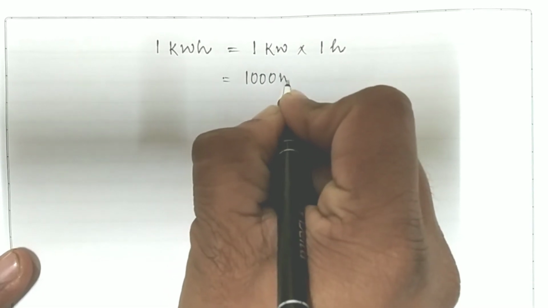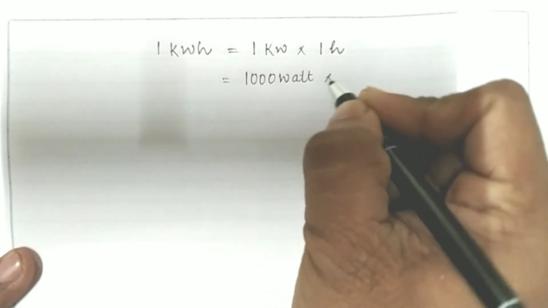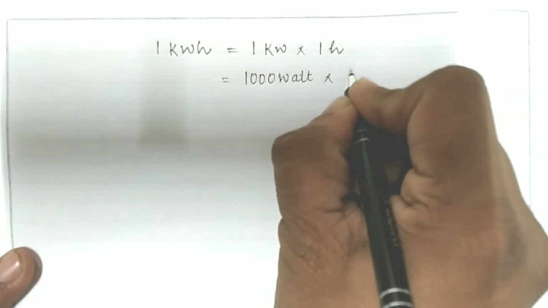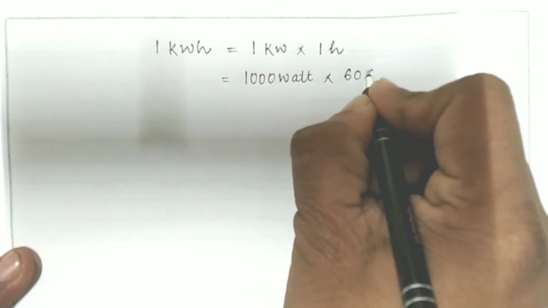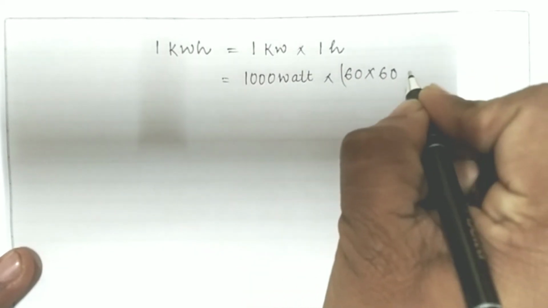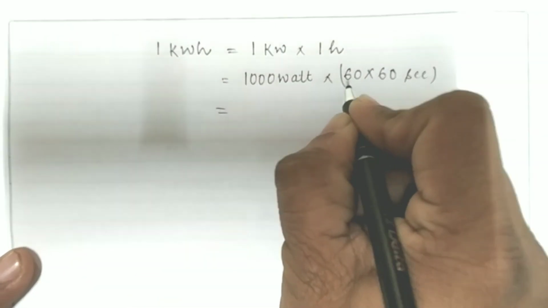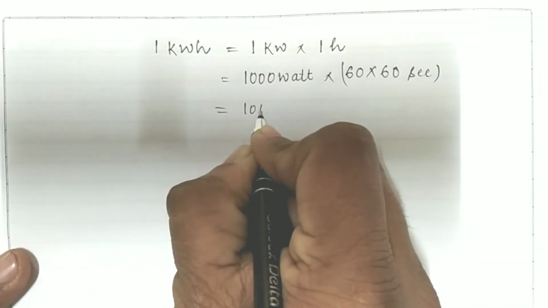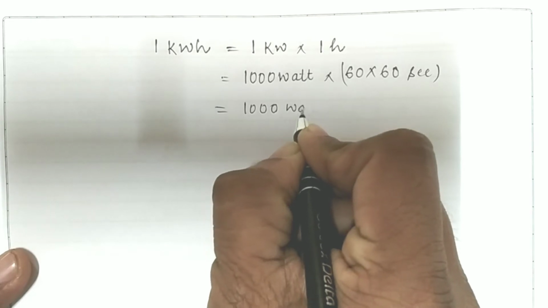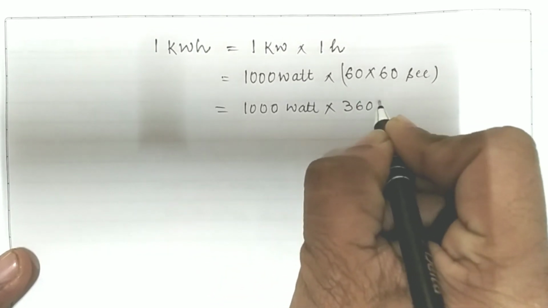Children, 1 kilowatt is equal to 1000 watt of power of an electrical appliance, and 1 hour is equal to 60 minutes, and each minute has 60 seconds. So in seconds, we can write 1000 watt into 3600 seconds.